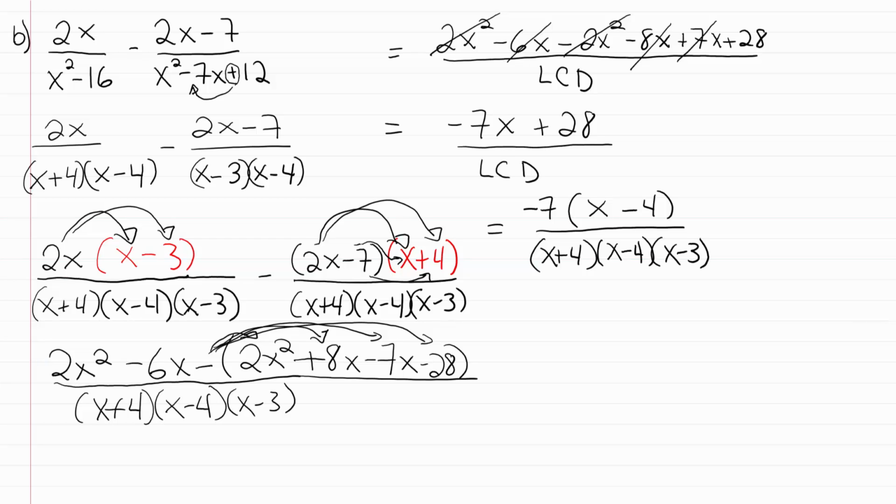Now at this point, the x minus 4 can cancel with the x minus 4. And so that's why we try to factor our numerator at the end in order to reduce. So our final answer is going to be -7 over x plus 4 times x minus 3. And that's the final answer.